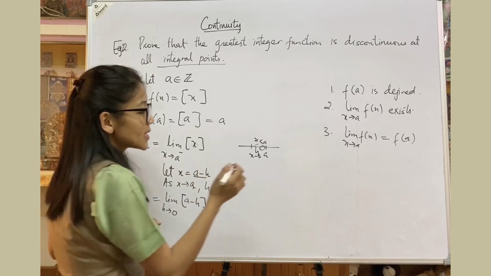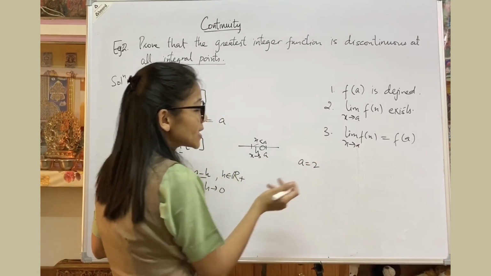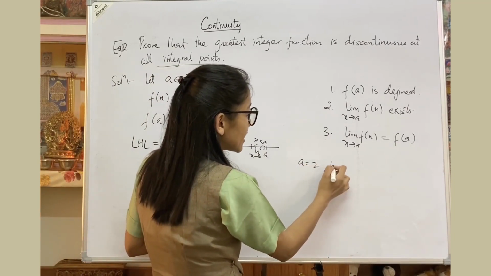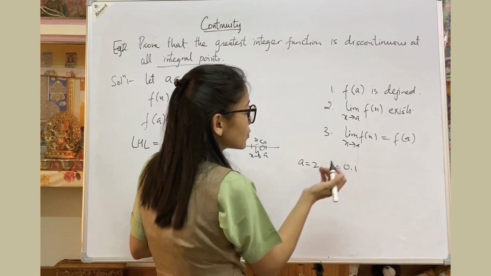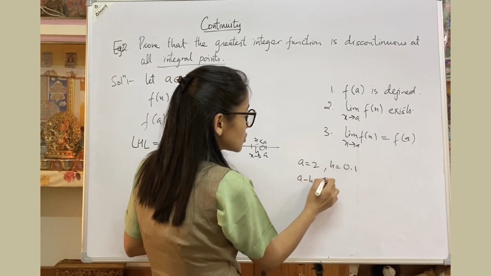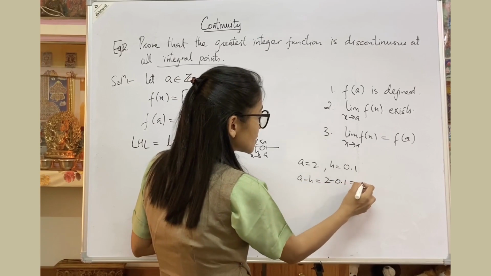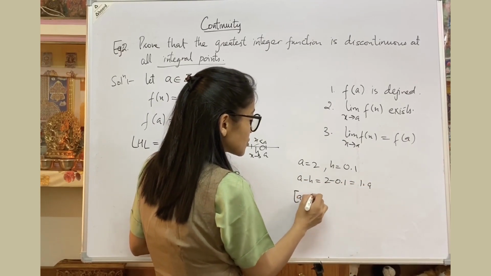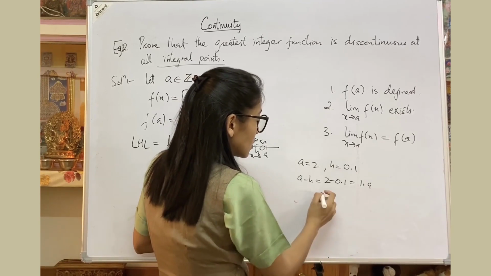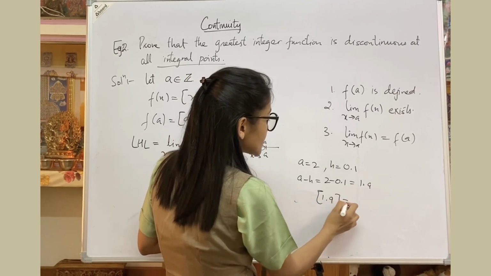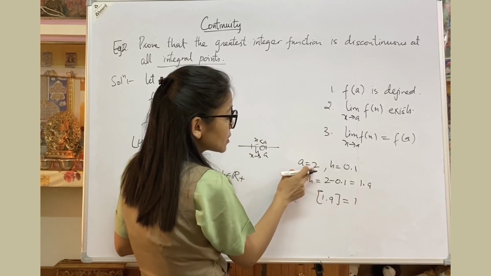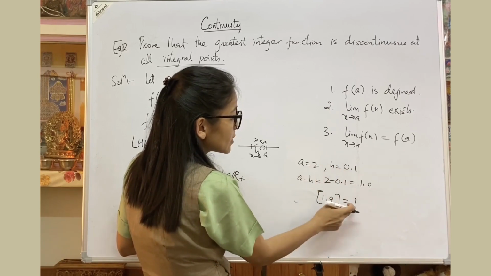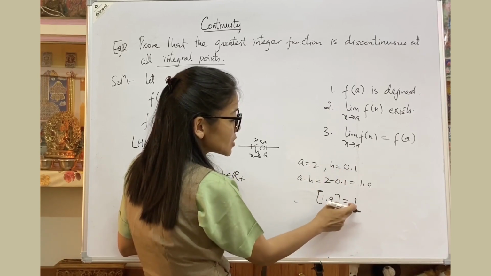Suppose a is equal to 2, just as an example, and let h be a positive real number, 0.1. Then a minus h is 2 minus 0.1, which equals 1.9. The greatest integer function of 1.9 is equal to 1. So when you subtract a small decimal number from 2, the image under the greatest integer function is 1.